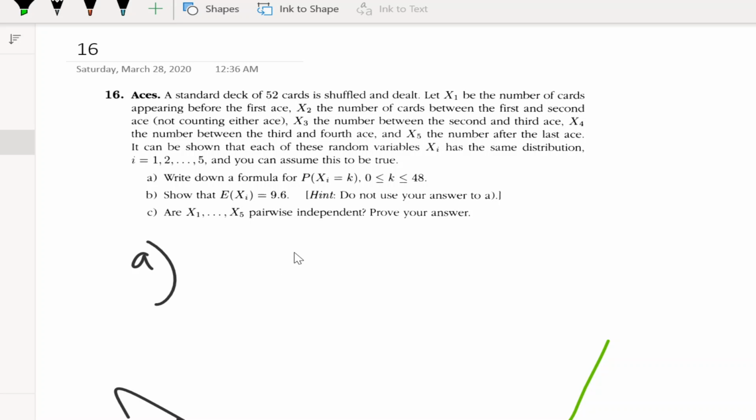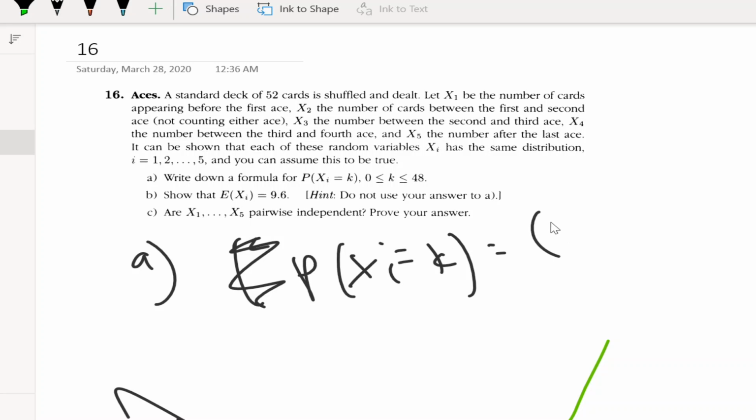So I think this is fairly simple. We know that they all have the same distribution, so any card can exist everywhere by symmetry. The best way to go about this is to say P of xi equals k is equal to 48 choose k.